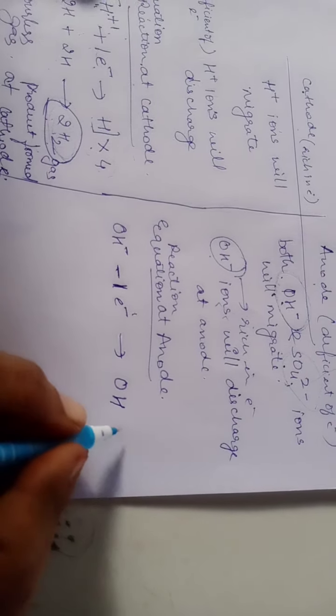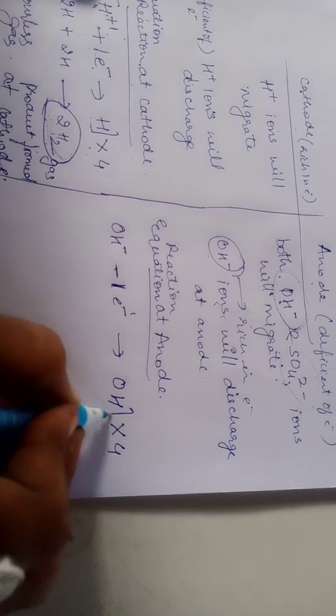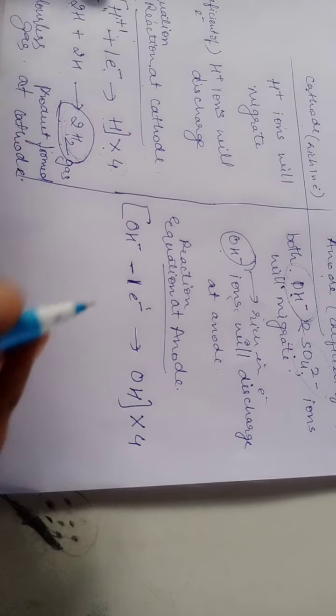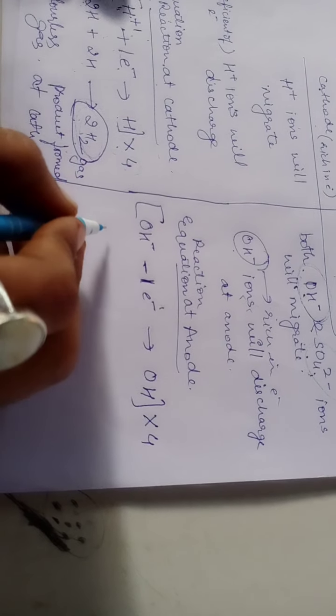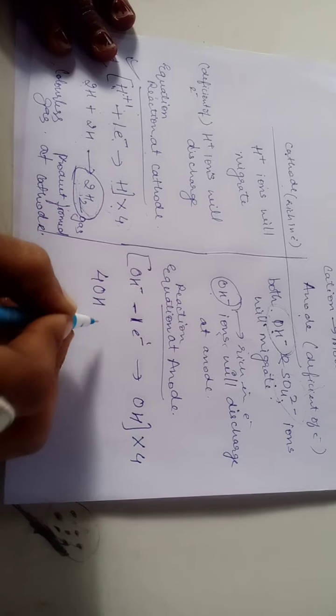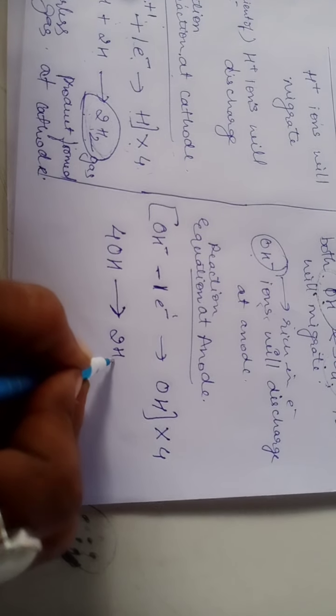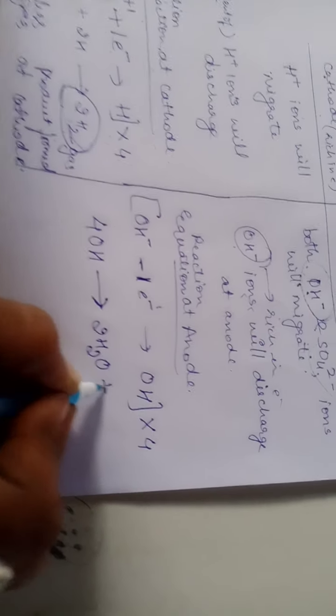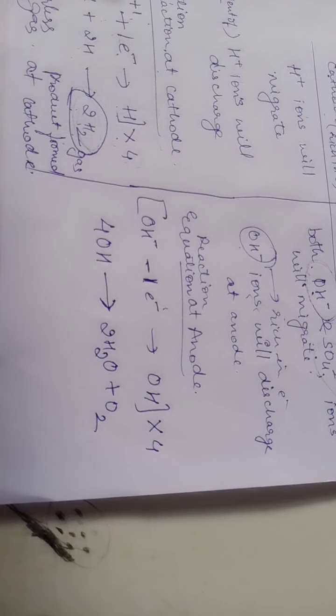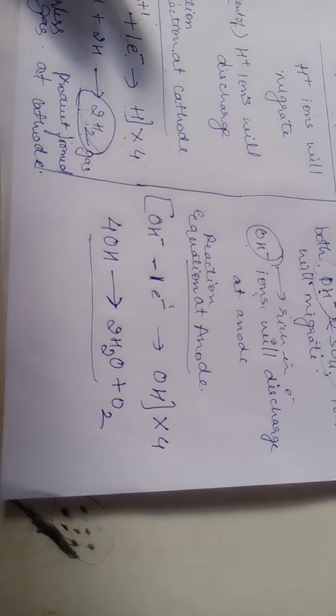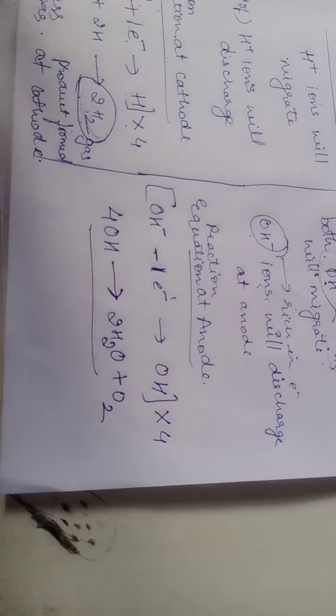Now again this whole equation will be multiplied by 4, a stoichiometric coefficient. So what will happen? 4OH will dissociate. This 4OH now will dissociate to give you 2H2O plus O2. Okay, this you need to mug up. There is no other option for this.